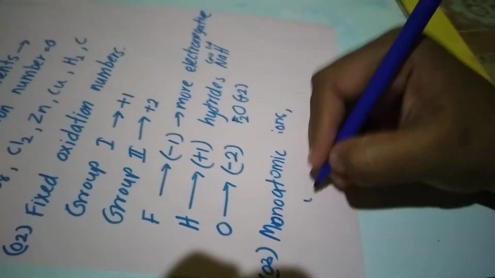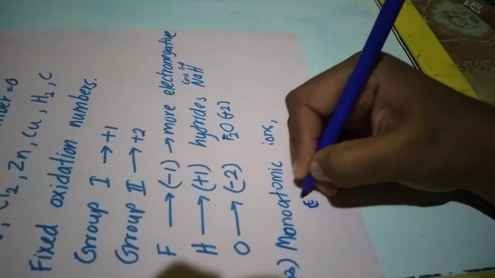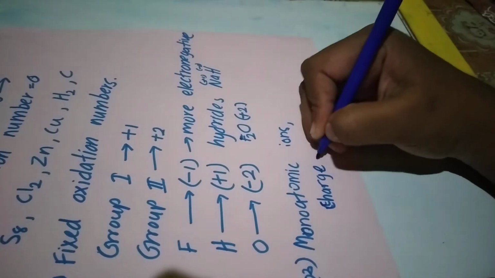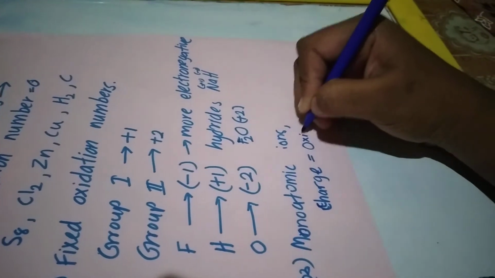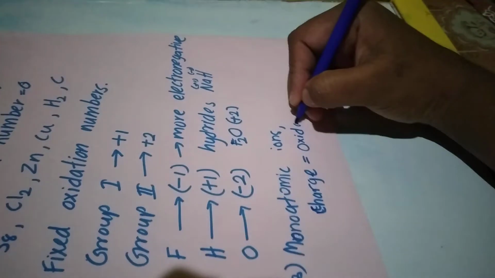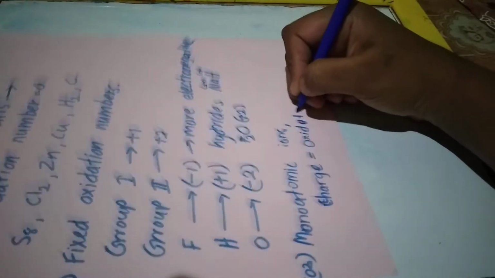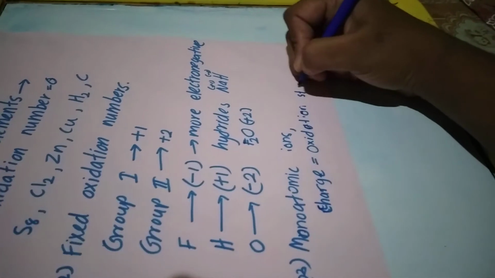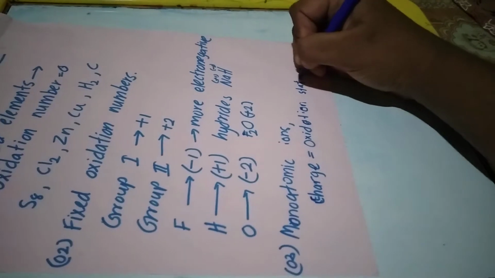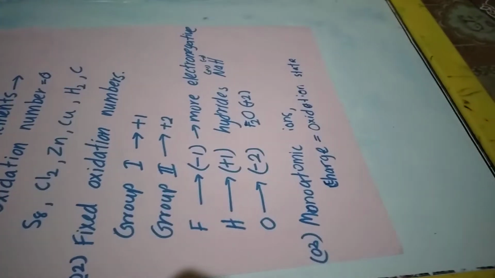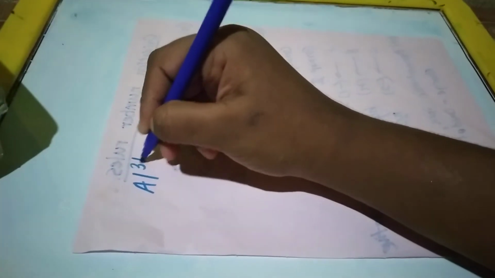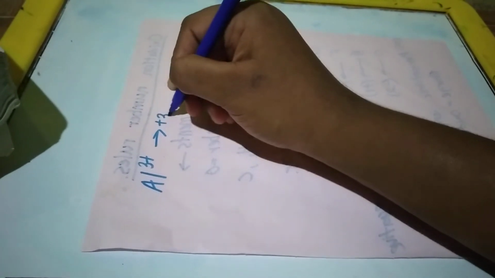So if we take an example like Al3+, the oxidation state is +3.